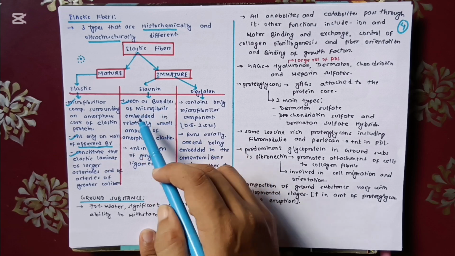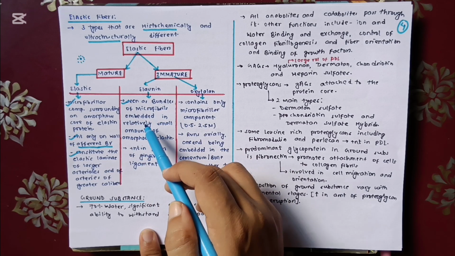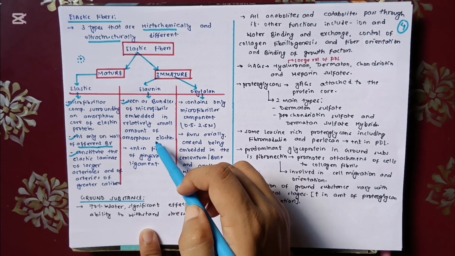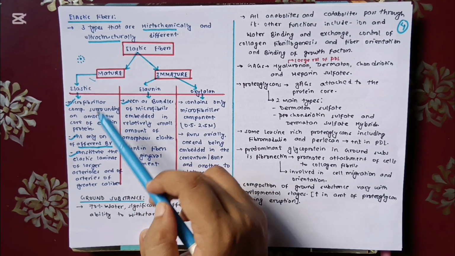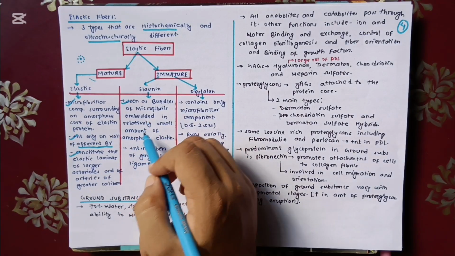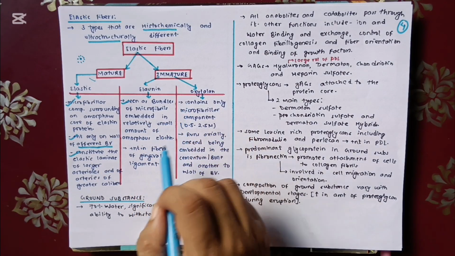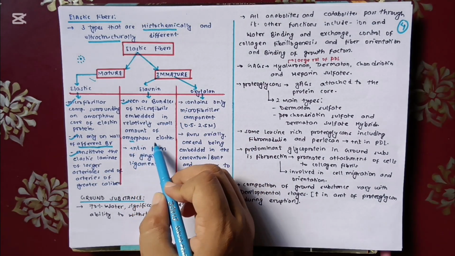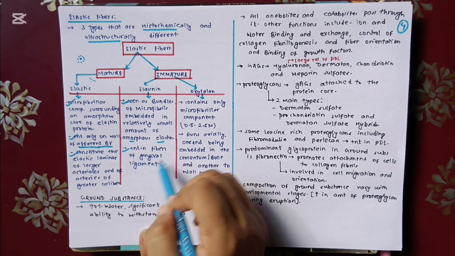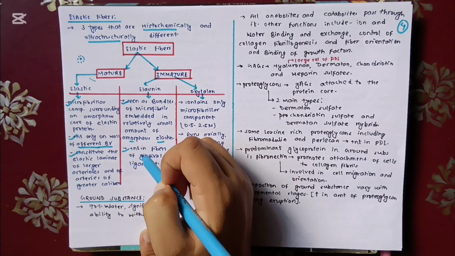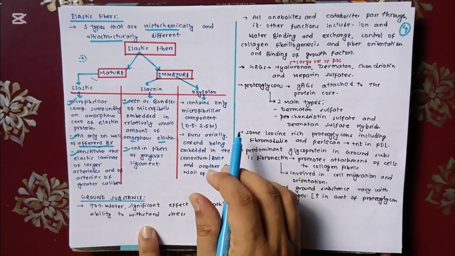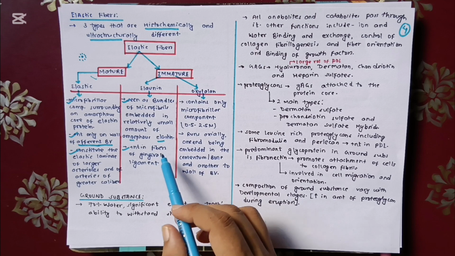Here they are not surrounding an amorphous core but are embedded into the elastin protein. They are present in the fibers of the gingival ligament, which I have discussed previously, the dentogingival and dentoperiosteal fibers.